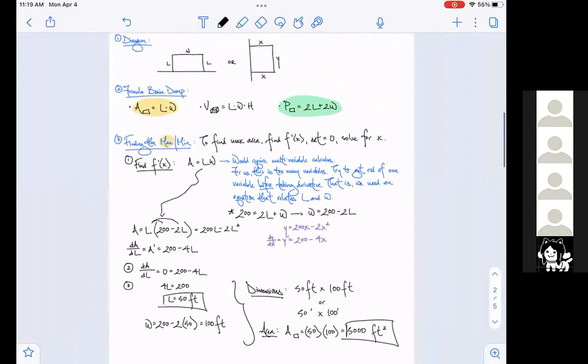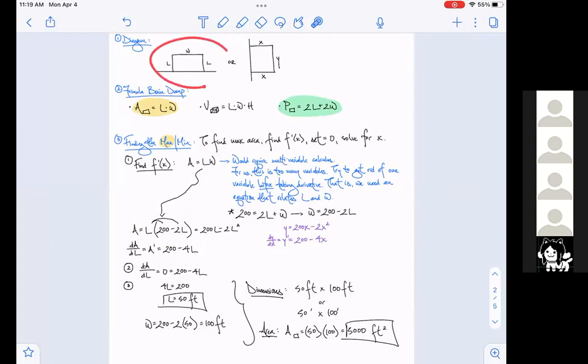All right. Oh, Dallas, go ahead. I had a question. If we used L instead of W, would we still get the right answer? I see what you're saying. Like over here, if you had solved this one differently.